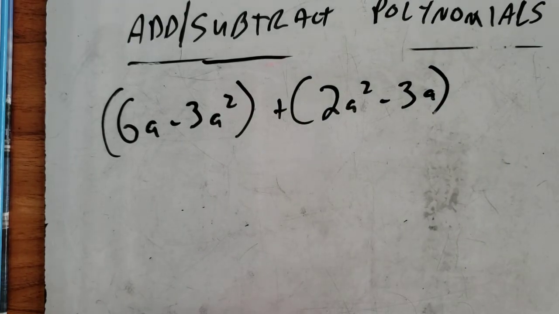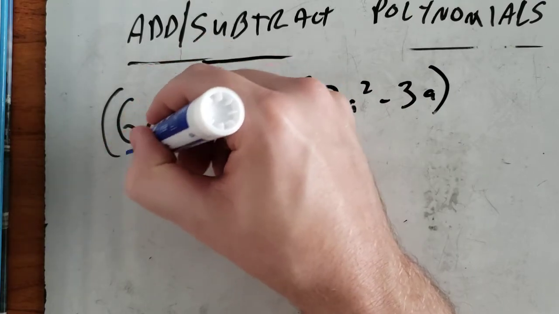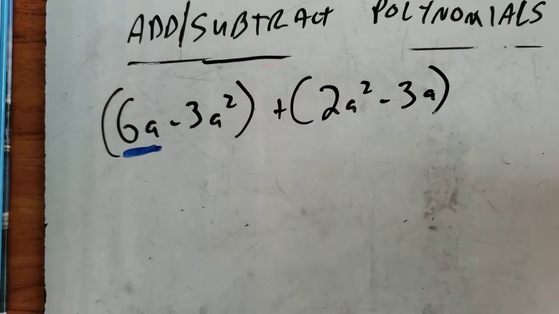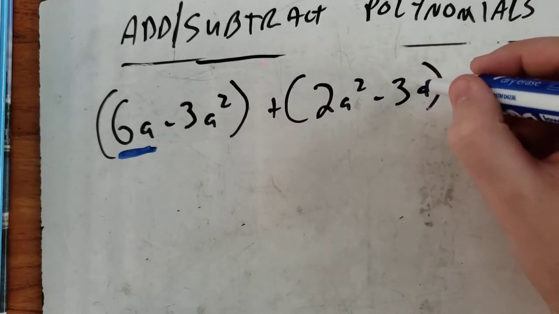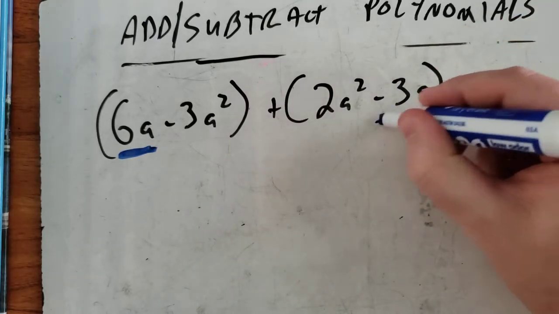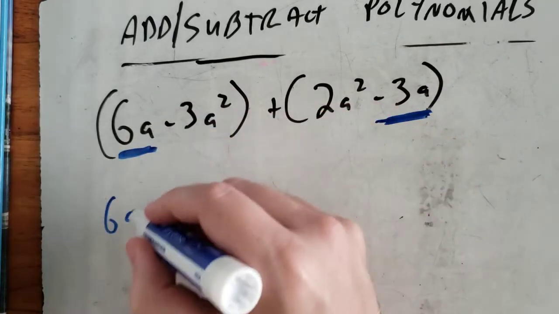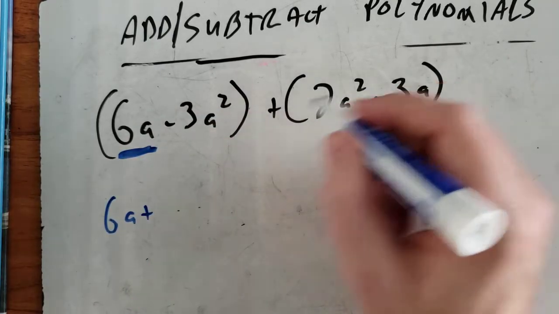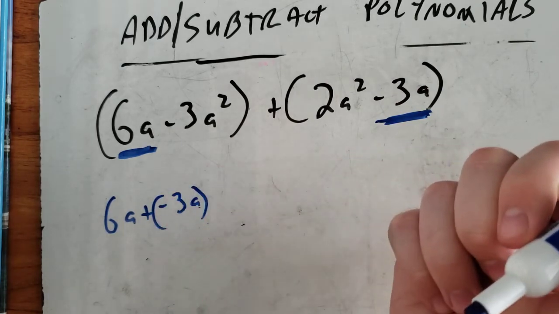So if we're adding this, we're gonna add our 6a plus, and then what's our a here? Negative 3a. So 6a plus, and then that minus goes with that, negative 3a, okay?